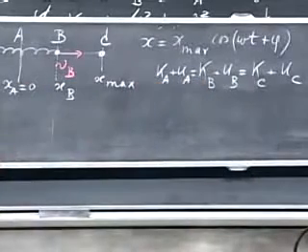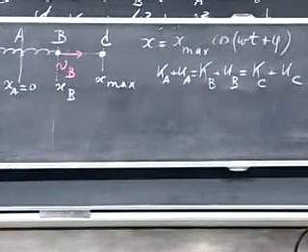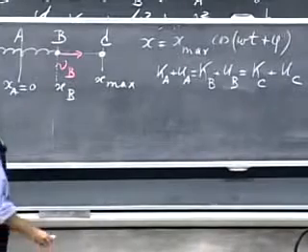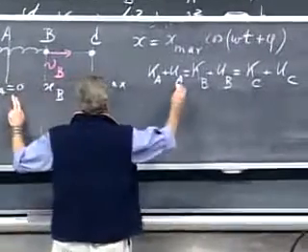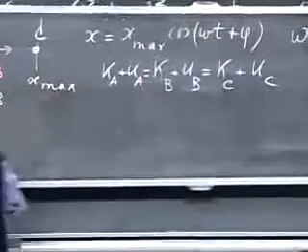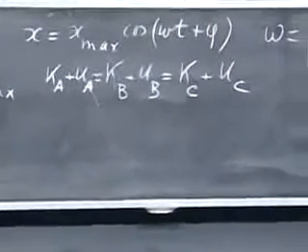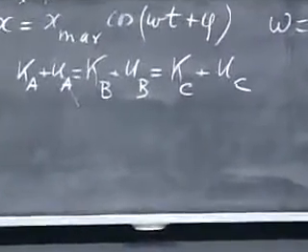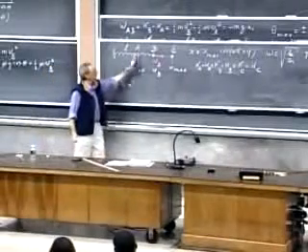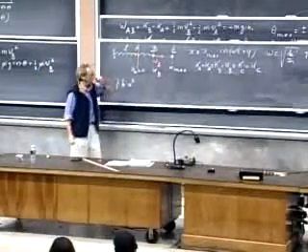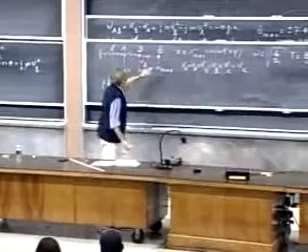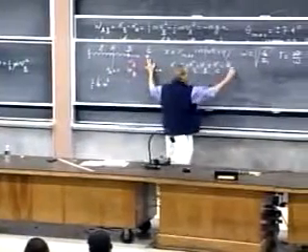There's no friction, there are no non-conservative forces, so this has got to work. Well, the potential energy at A is 0, because remember, the potential energy of a spring is 1/2 k x squared, if x is the displacement from its relaxed position. So this is 0.